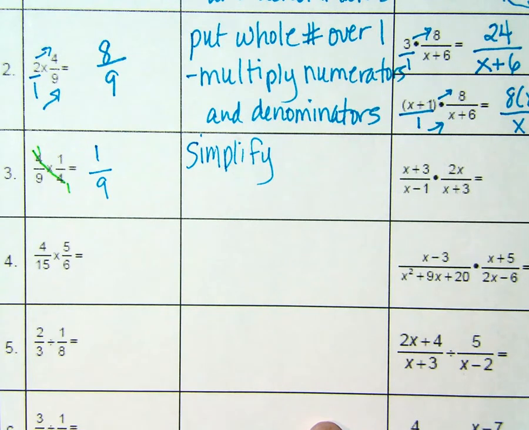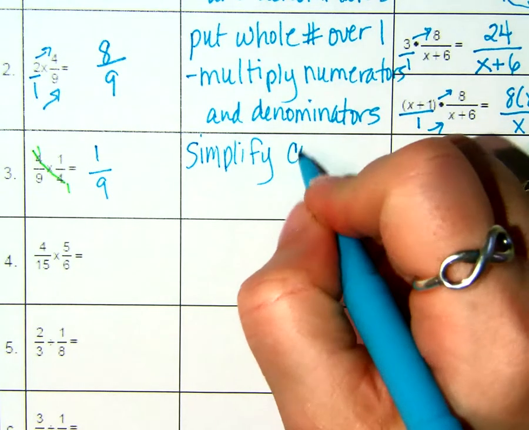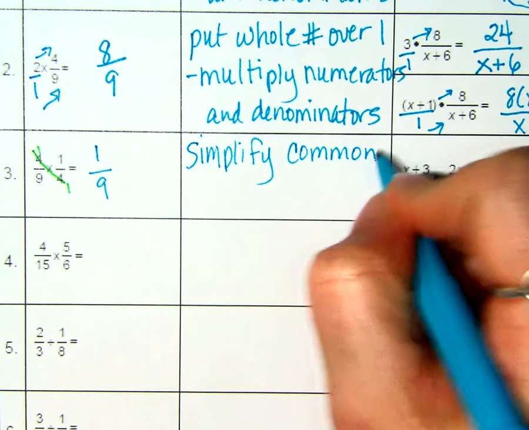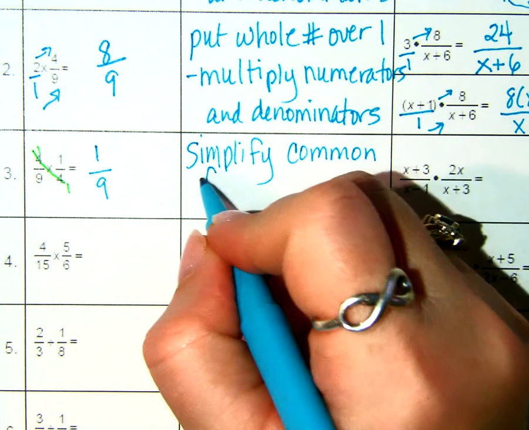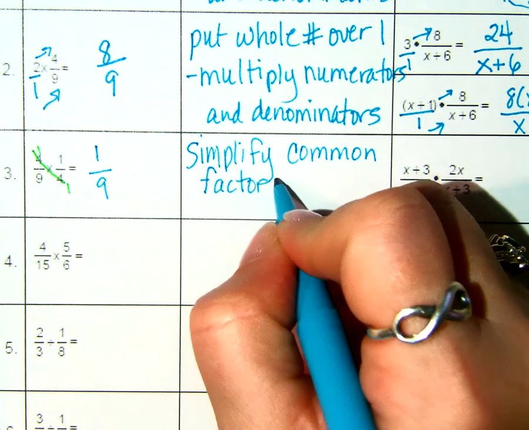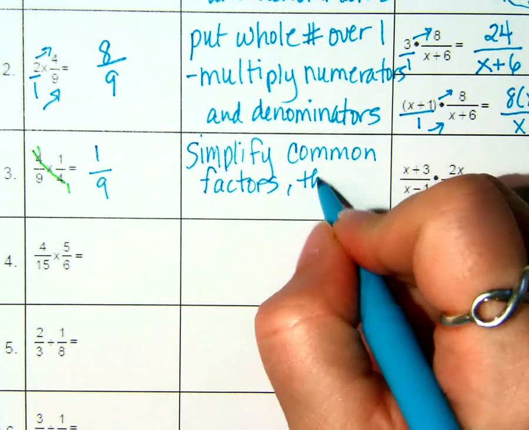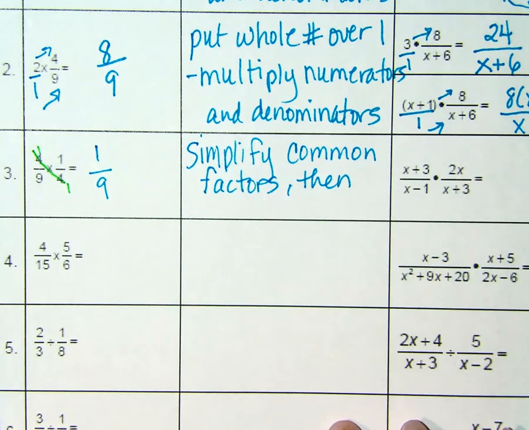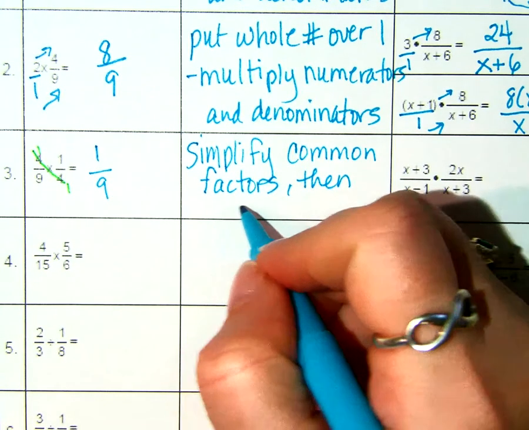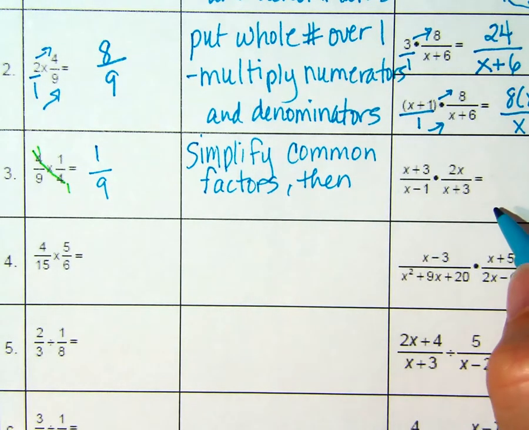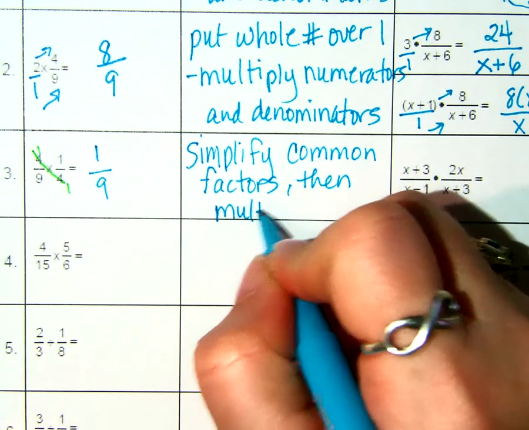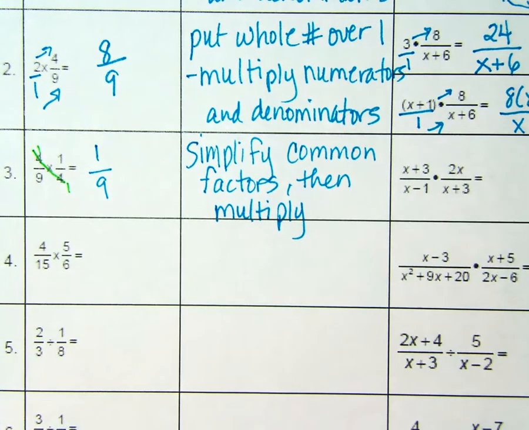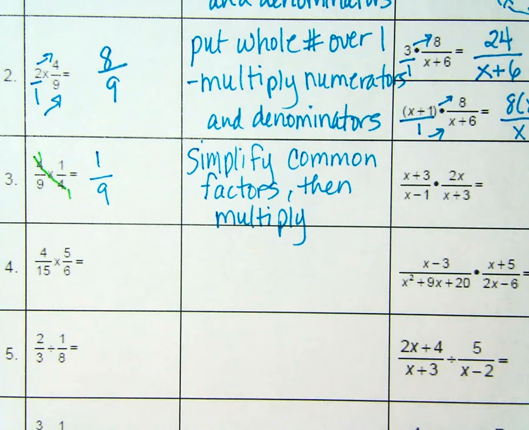They're called common factors. Then what? After we simplified common factors, then multiply. Do I need to keep writing multiply numerators and denominators, or do you think you got that? So can I just write multiply? Well, you write what you need to write then.